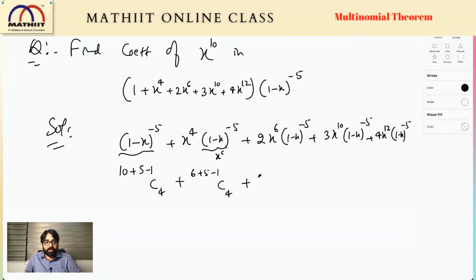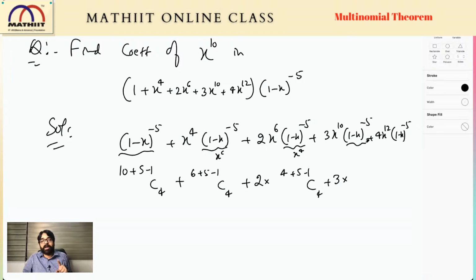Plus 2, x power 6 is already there. Can you provide x power 4? Yes, I can provide x power 4. So that will be 2 into 4 plus 5 minus 1, C 5 minus 1, which means 4. Plus 3 into, I already have x power 10.